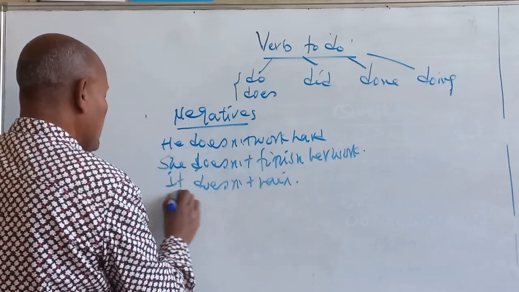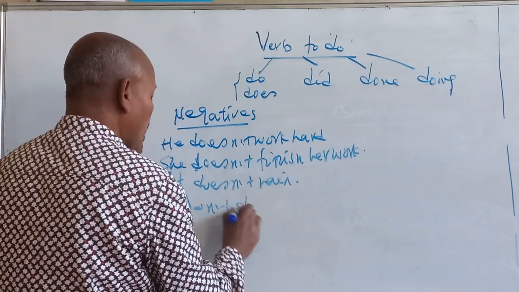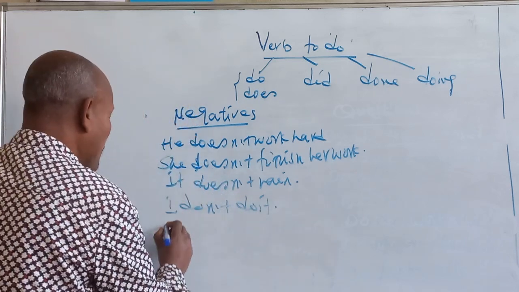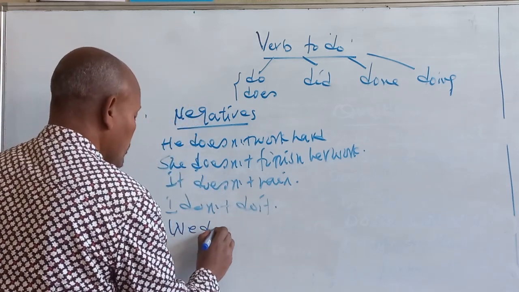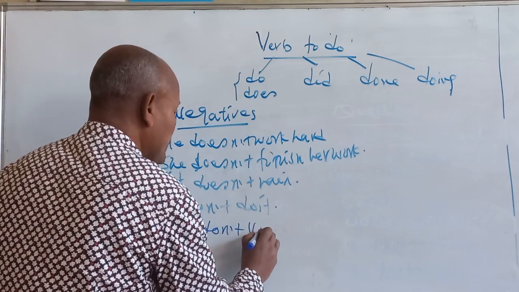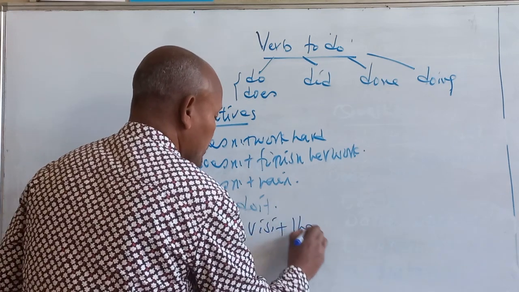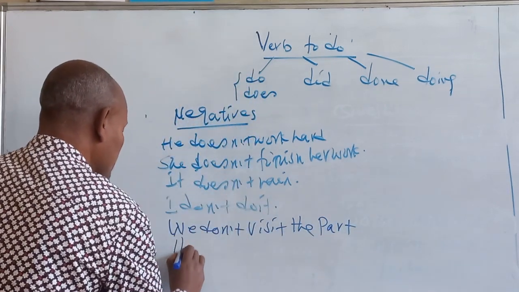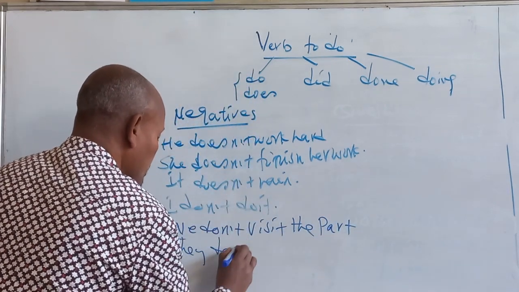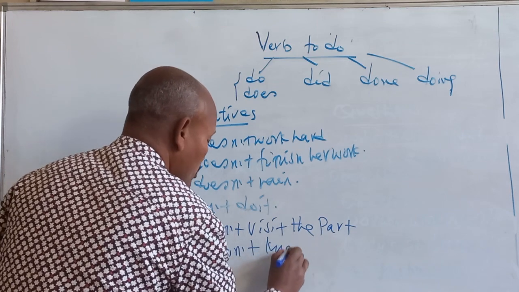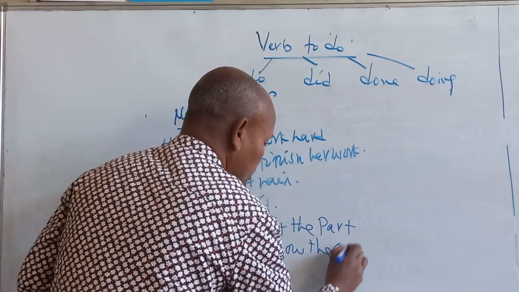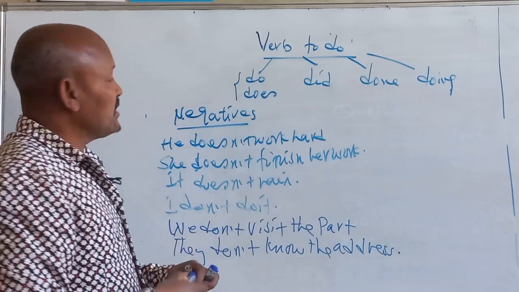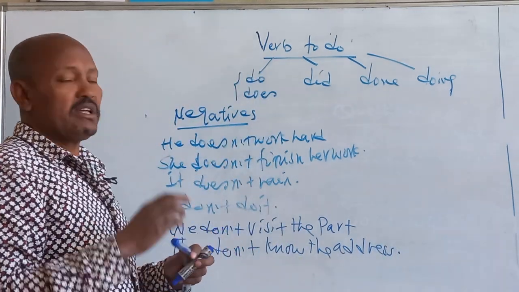Here I don't do it, and the other one, we do not visit the park, and they do not know the address. These are example sentences that we use for these do forms.